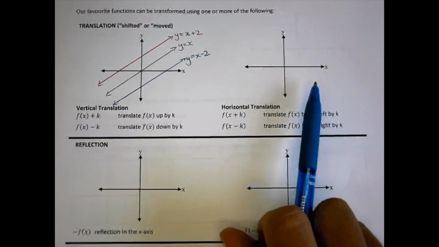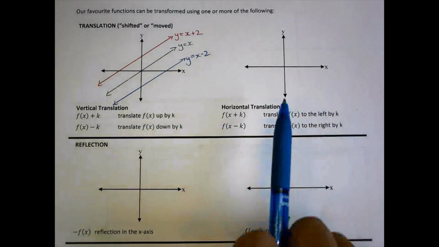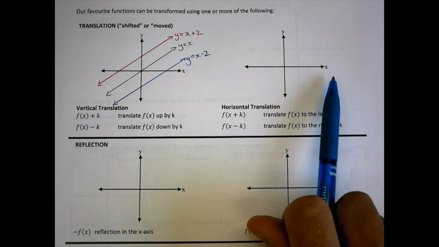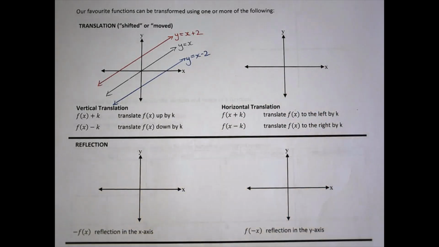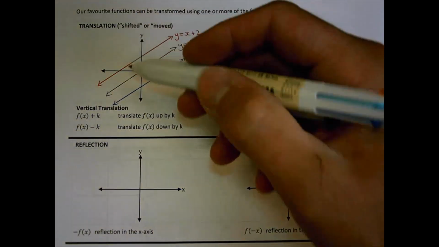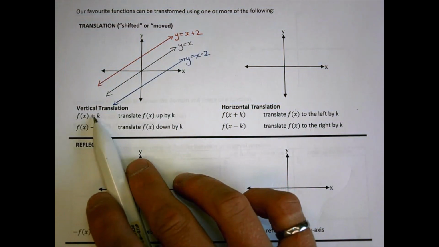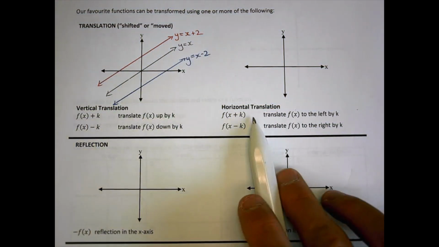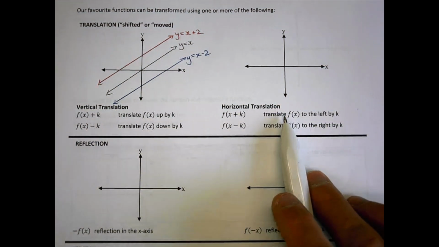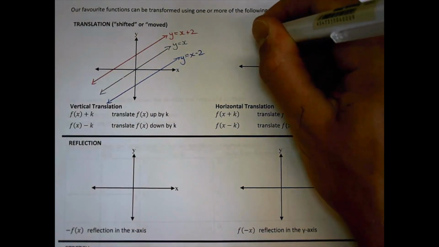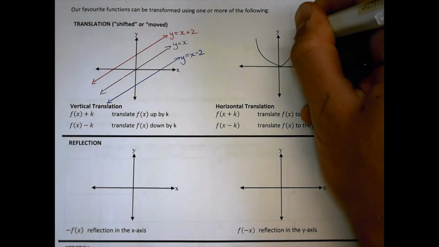The other type of translation, or shift, or move, is left or right, a horizontal translation. And the thing about everything we do vertically tends to be more logical, so I find plus means up, minus means down. In the horizontal world, everything's backwards. So for example, let me start with what do we call this?